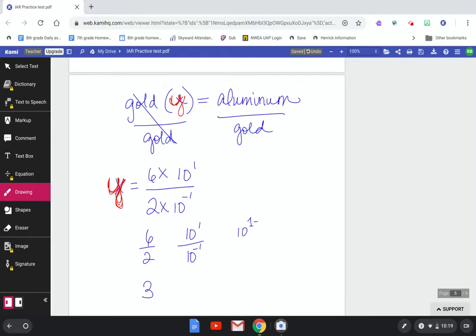So we have 1 minus negative 1, which equals, minus a negative goes to addition. We end up with 10 to the second power. So 3 times 10 to the second power. Well, if the decimal's here, if we multiply by 10 to the second power, we move it over 2 to the right. So now your answer is 300.